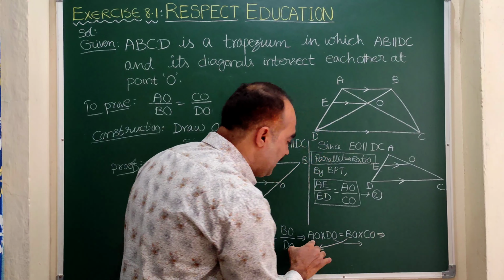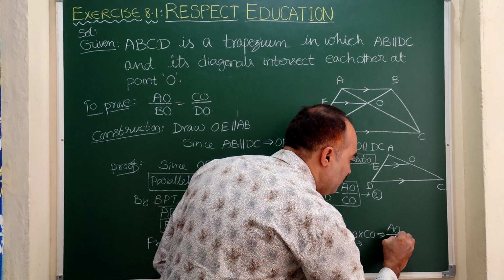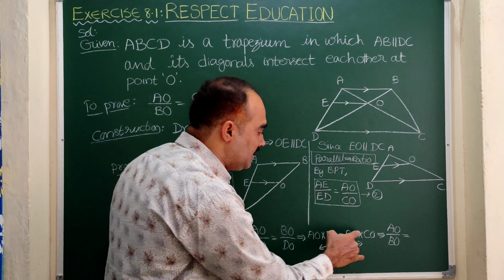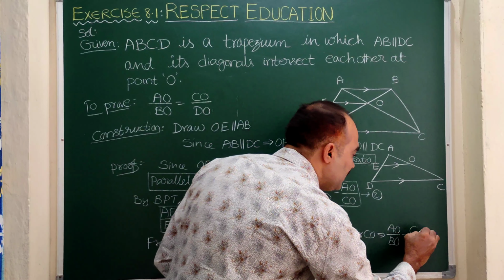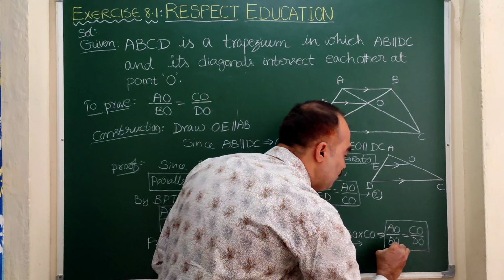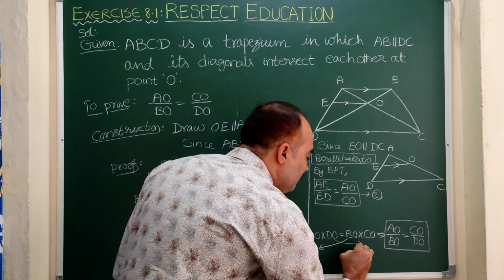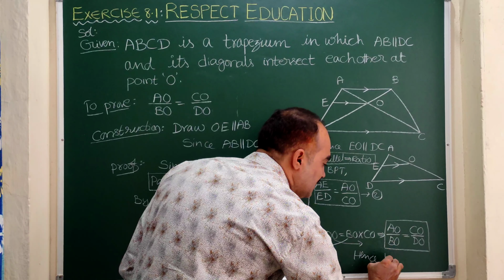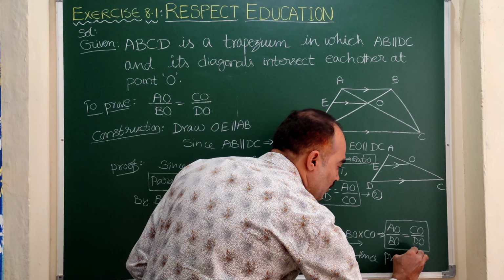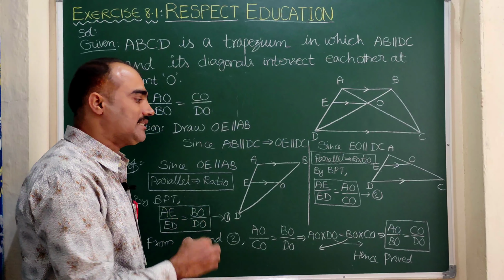So we get AO by BO is equal to CO by DO. Now you compare the thing we needed to prove, we have achieved it. So with this it is hence proved. So the 8th problem gets completed.